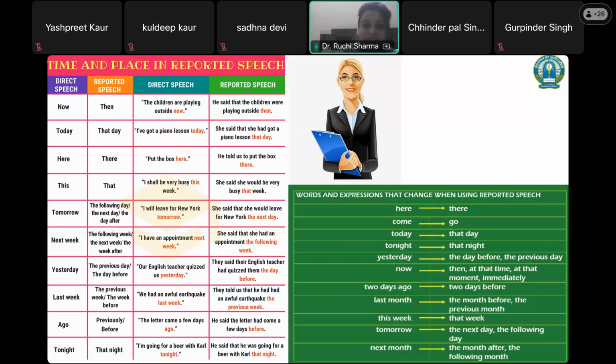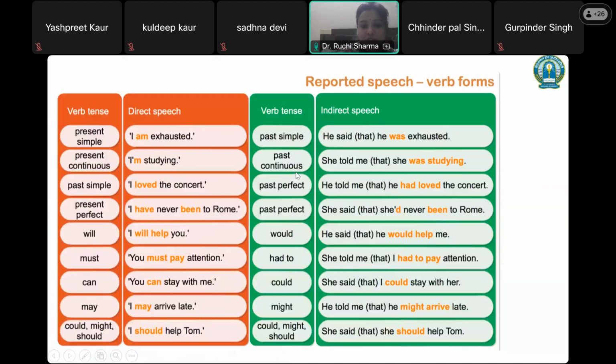Am I clear? Please give me thumbs up. Am I clear with the conversion? Yes. Nice. So you have all these sentences for you to look at and practice further. And some more examples with the verb tense in indirect speech.